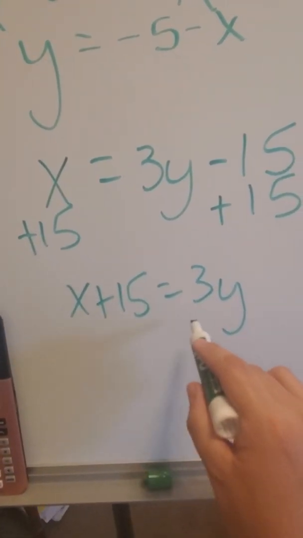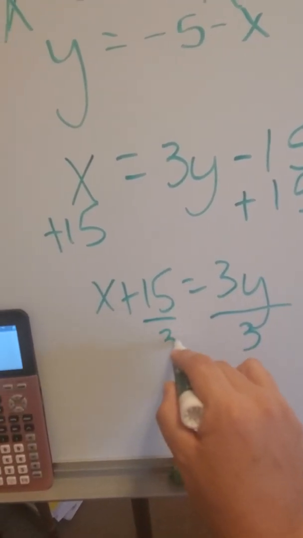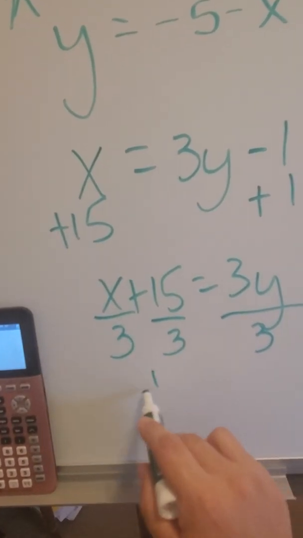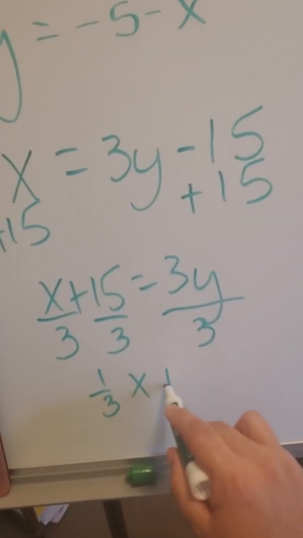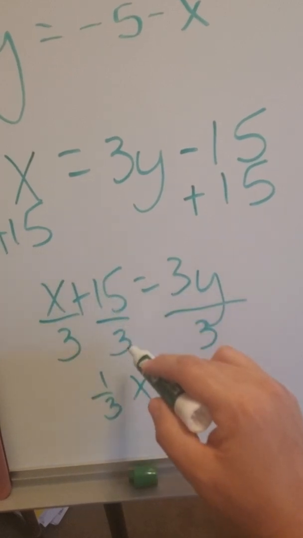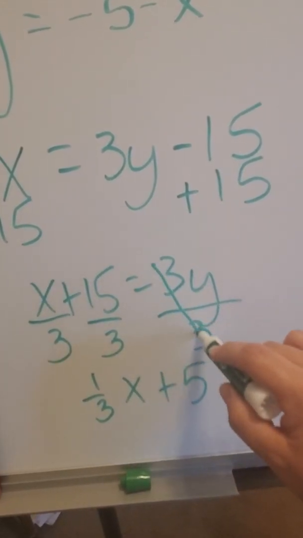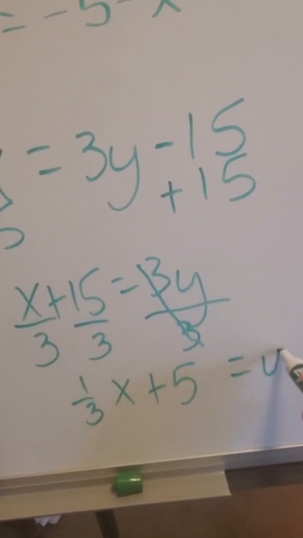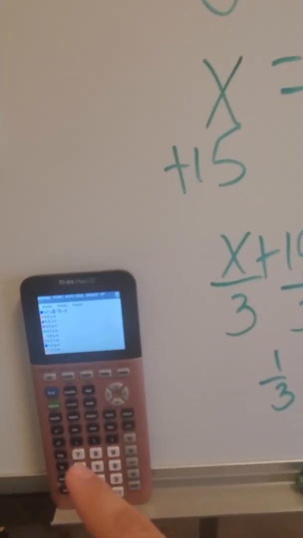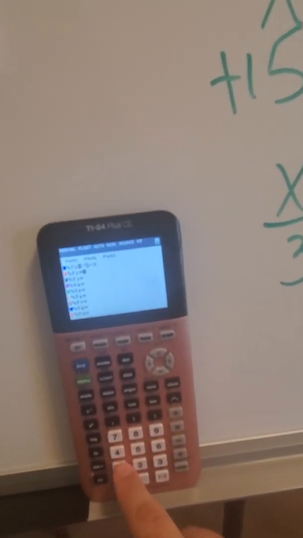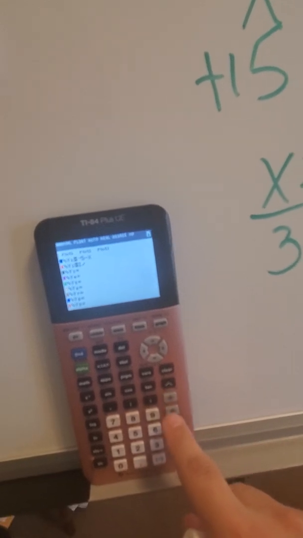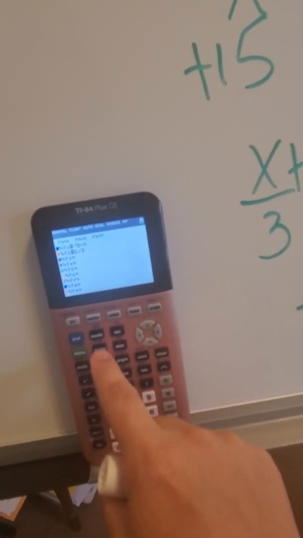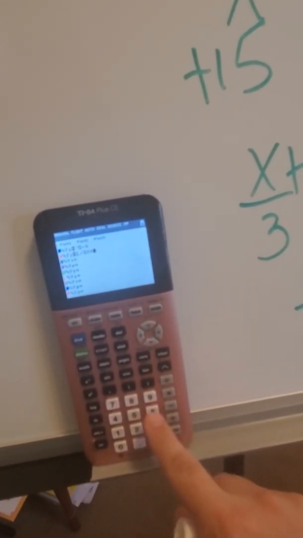And then all I have to do is divide by 3. Everything has to be divided by 3. So that'd be 1/3 x plus 5, because 15 divided by 3 is 5, and these will cancel, right? Equals y. So then I'd come back over here, and I'd put in the 1/3, and a fraction, you can just say 1 divided by 3. That's fine for this. X plus 5.